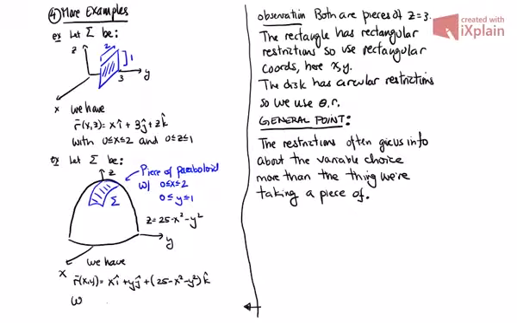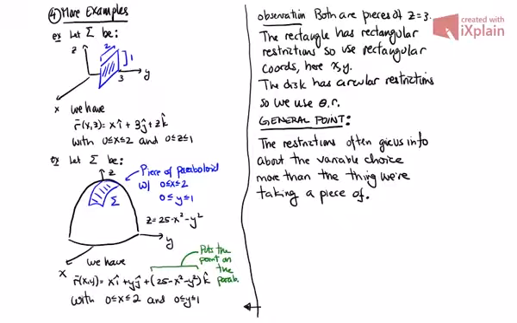And then x between 0 and 2, and y between 0 and 1. So the x's and y's draw a rectangle, and then the z value, let me label that right here, puts the point on the paraboloid.